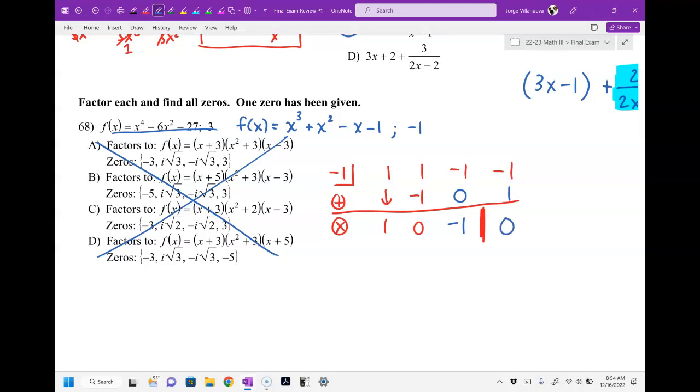Now, it's a good thing that I messed up. I mean, I'm not trying to say I did it on purpose. That was a mistake. But it kind of shows you that as soon as I was done doing this process, I stopped and I said, I did something wrong. Because when I do these problems, my remainder is supposed to be a 0, because I'm telling you that negative 1 is an answer. It's a 0, as we call it.